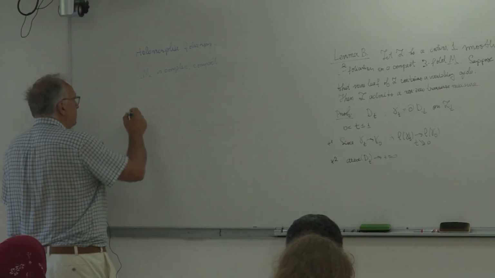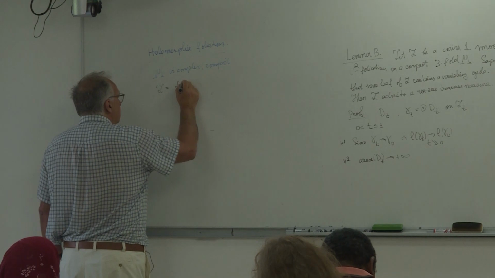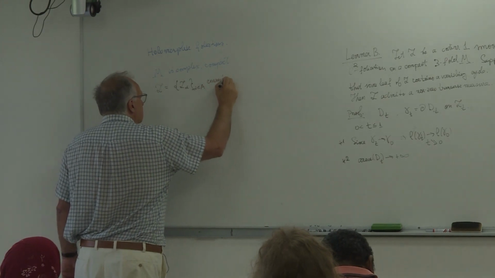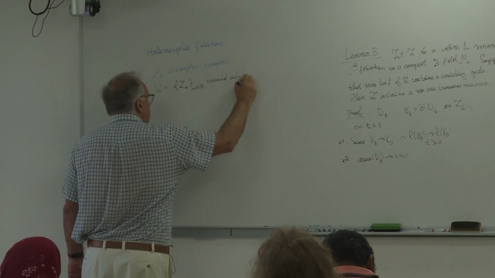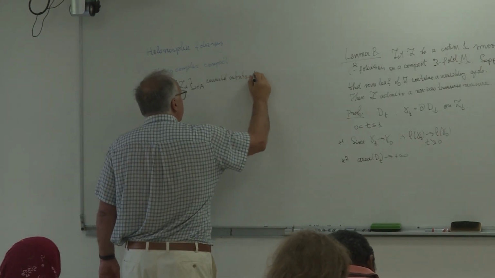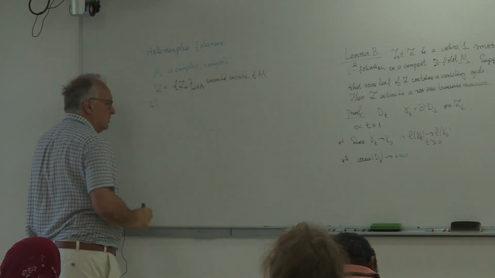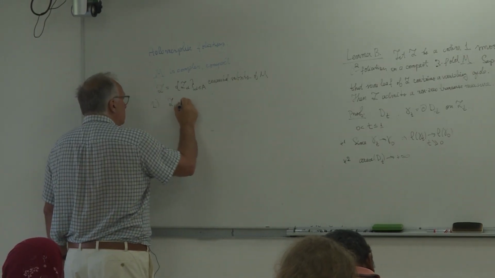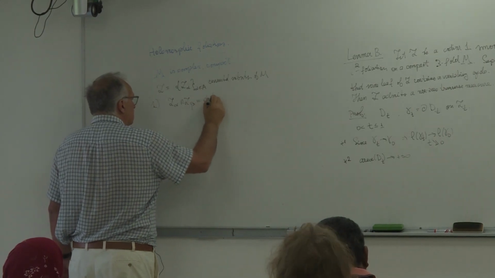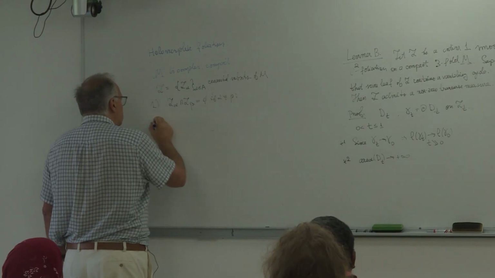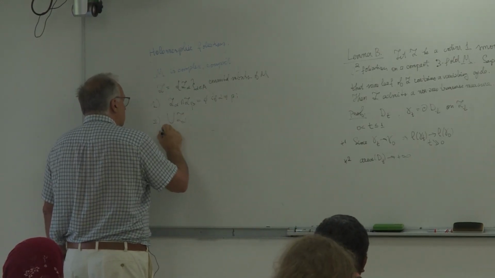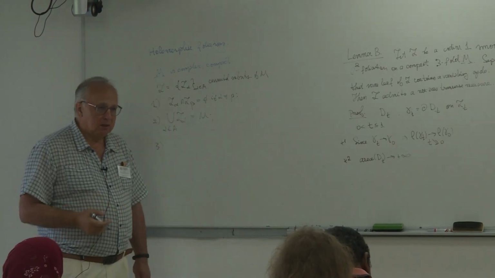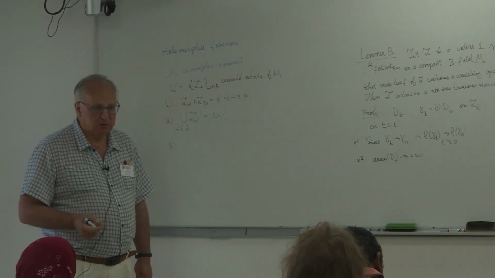So we have a collection of connected subsets of M such that first they are mutually disjoint, the union is M, and the most important thing, they are locally open sets in corresponding C^p.